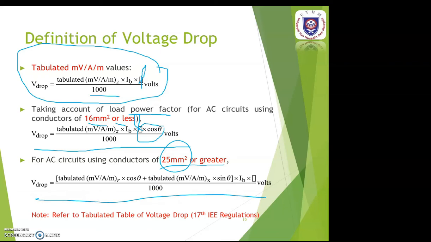Voltage drop is equivalent to tabulated millivolt per ampere per meter times cos theta, plus tabulated millivolt per ampere per meter times sin theta, times the line current, and then times the length of the conductor, divided by 1000. So this value of the tabulated millivolt per ampere per meter, you can refer to the tabulated table of voltage drop in the 17th IEE regulations.